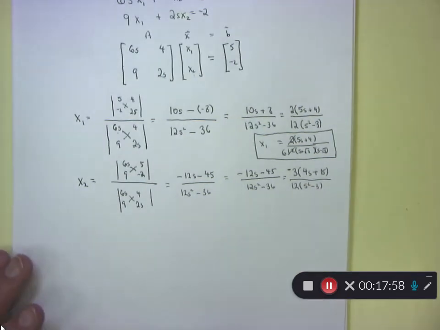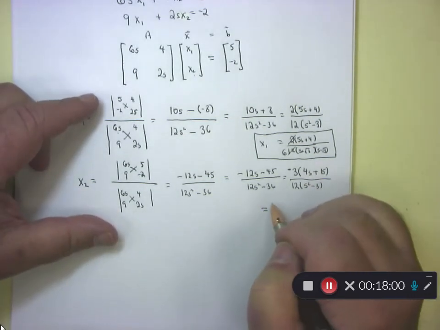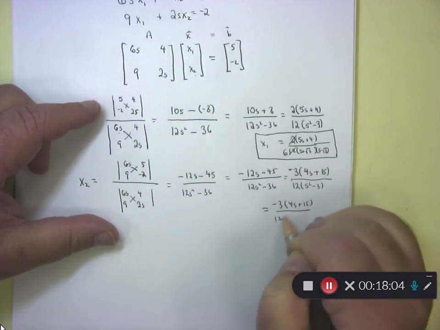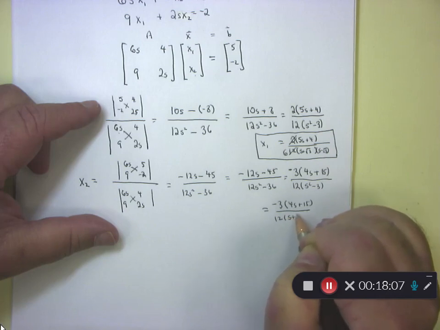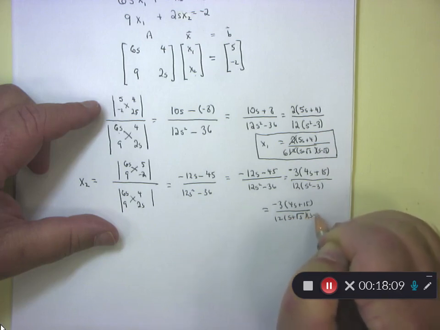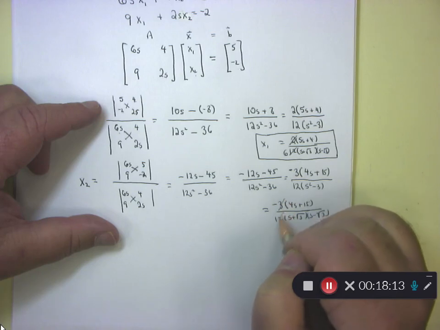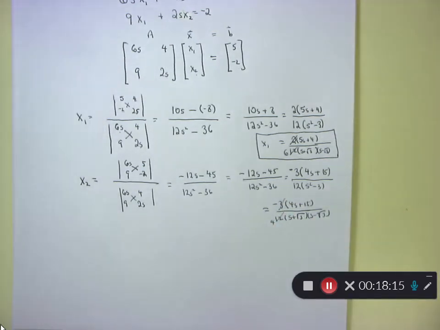And again, doing the same thing, this would give you negative 3 times 4s plus 15 divided by 12 times s plus the square root of 3 times s minus the square root of 3. And since you're talking about it, you know that 3 will go into the 12 4 times, right?